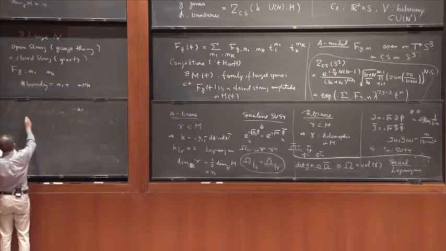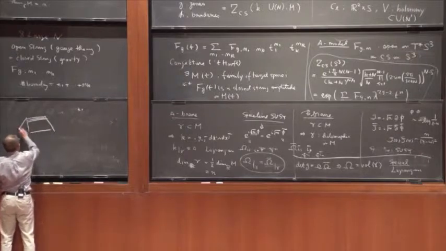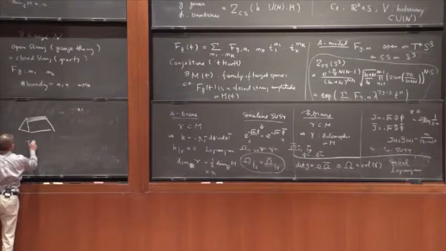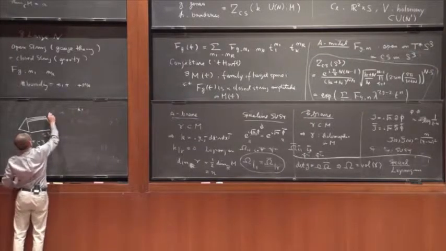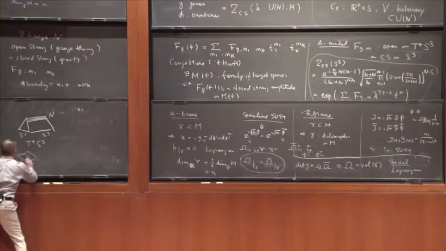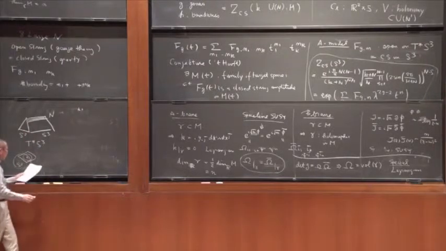So let me first draw the kind of caricature of the cotangent space of S3. So this is the S3 direction, and I put N D-branes on it. And in the cotangent space direction, you have S3 to it, and then there is an S2 which shrinks to a point. So this is a caricature of the cotangent space of S3 that I drew yesterday.